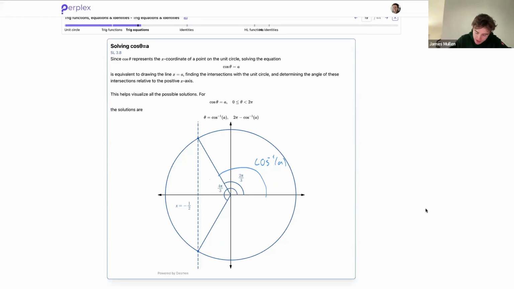It's 2 pi minus because the symmetry for cosine is that cos of 2 pi minus theta is equal to cos of theta. You can also write this as cos of minus theta is equal to cos of theta. It just depends on what the domain in the question is. If it says 0 is less than theta is less than 2 pi, then I can't have negative theta because that would be a negative number.